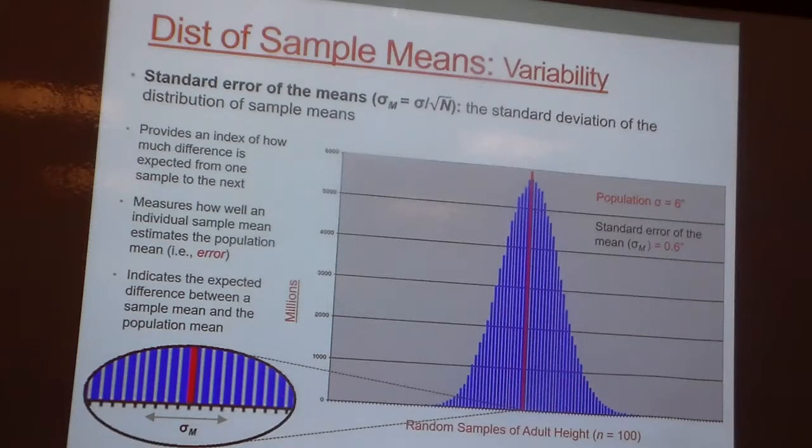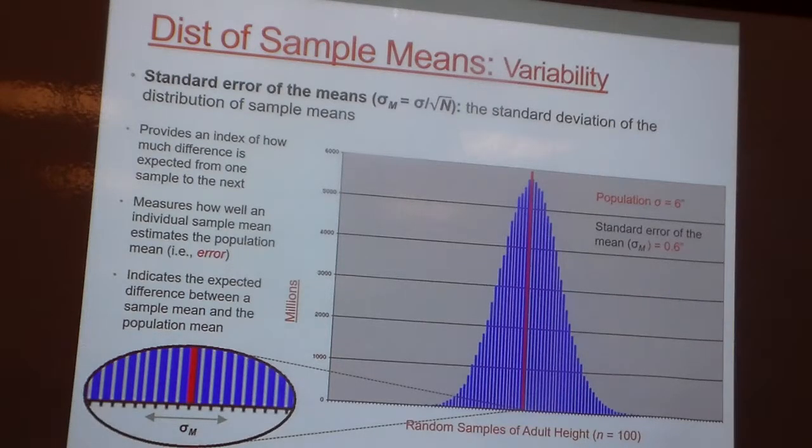So there's a couple ways we could think about this, right? I say the standard error here is 0.6. And so what does that tell me about repeated measures within the context of this sampling distribution? What do you think, Alex? Okay, so I know that my standard error is 0.6, right?